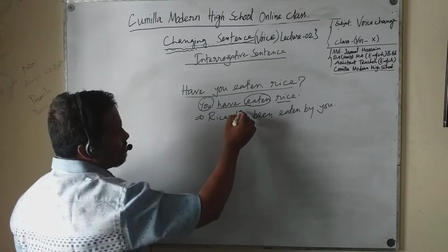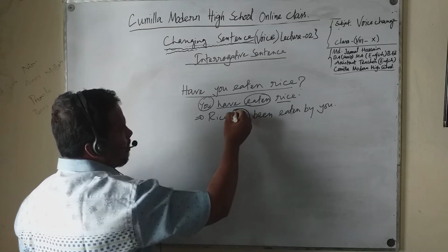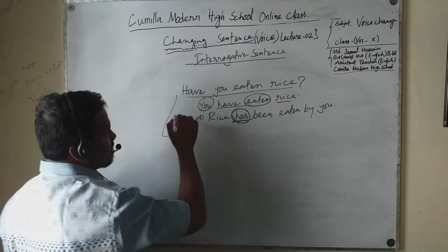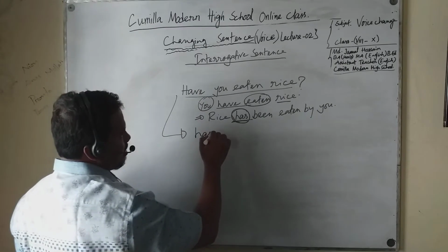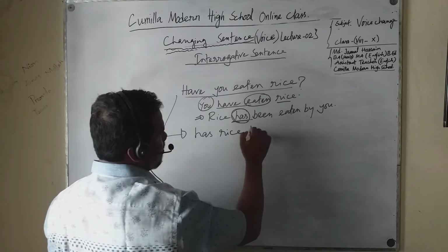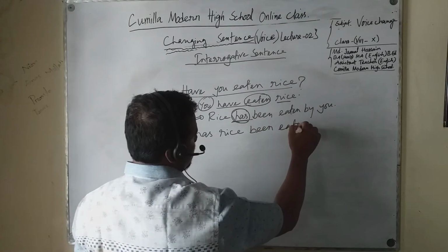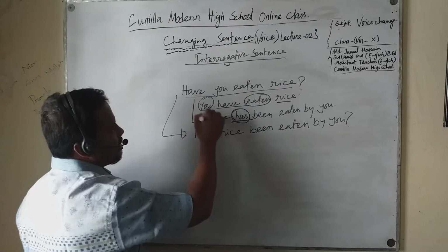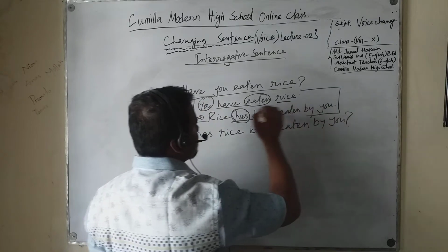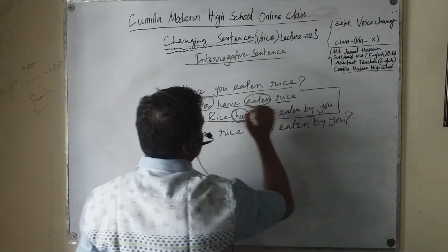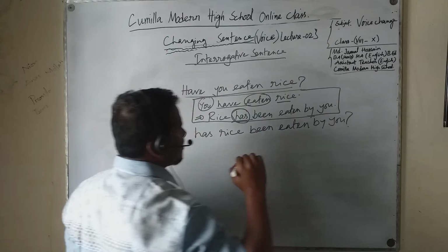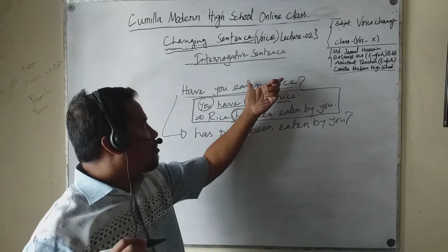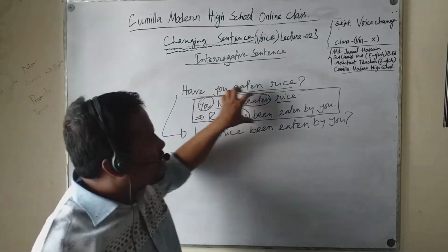Now, if you move this be verb to the first position, then you will get: has rice been eaten by you. You can do it in this way. These are the two extra lines. I am mentioning these for your better understanding. You can transform the sentence from active to passive in this way by doing these two extra lines.